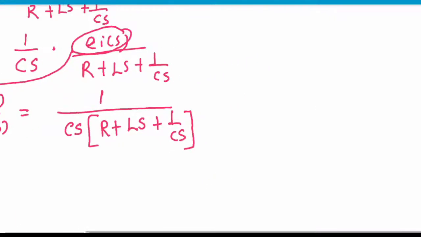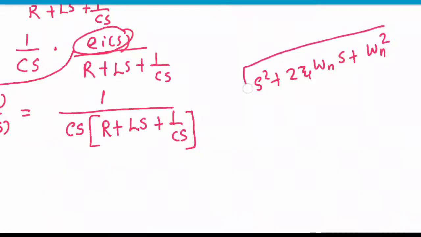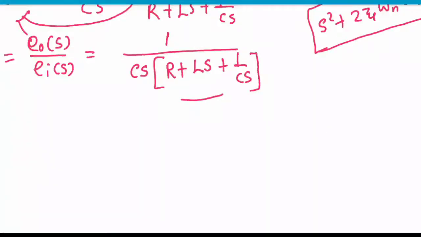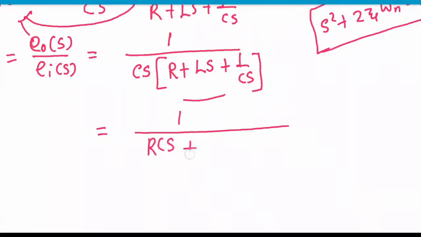omega. We have to take it in the form s square plus 2 zeta omega n s plus omega n square. This is the form, and we have to make this equation to that form. So I will multiply into the, this will be RCS, this is 1 by RCS plus CL s square plus 1.